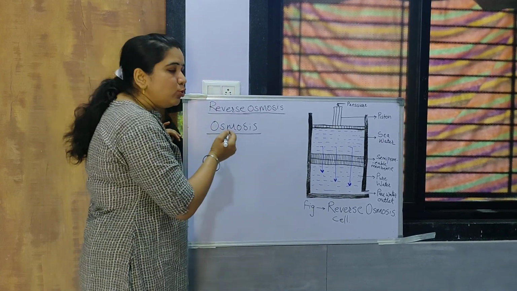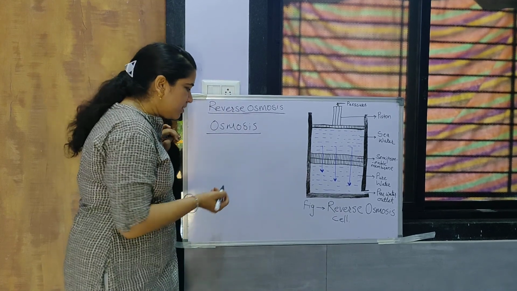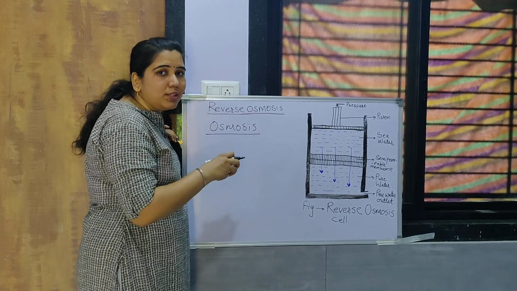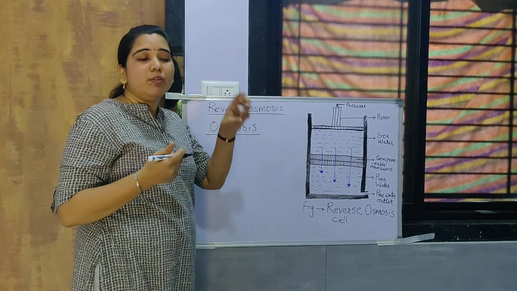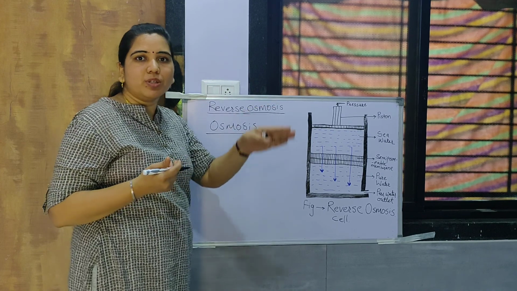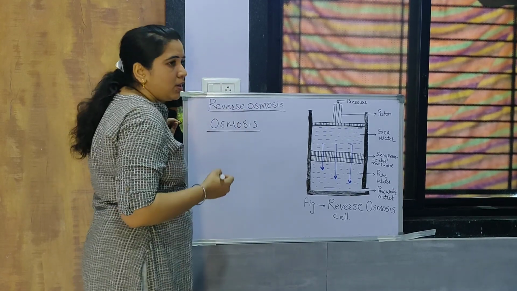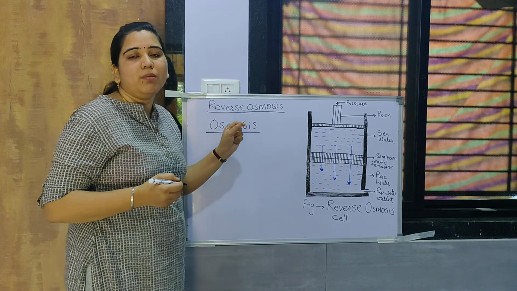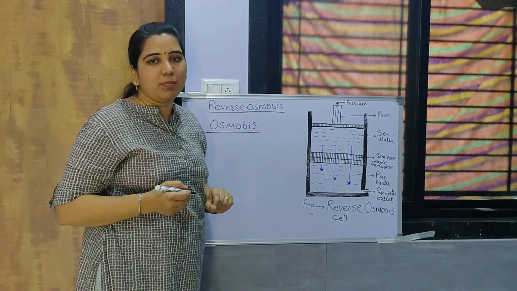But here we have to go opposite to that. It means that whenever there is a concentrated solution, the flow should be from the concentrated solution towards the dilute solution. So that is called reverse osmosis, and this is possible by using a pressure which is called hydrostatic pressure.